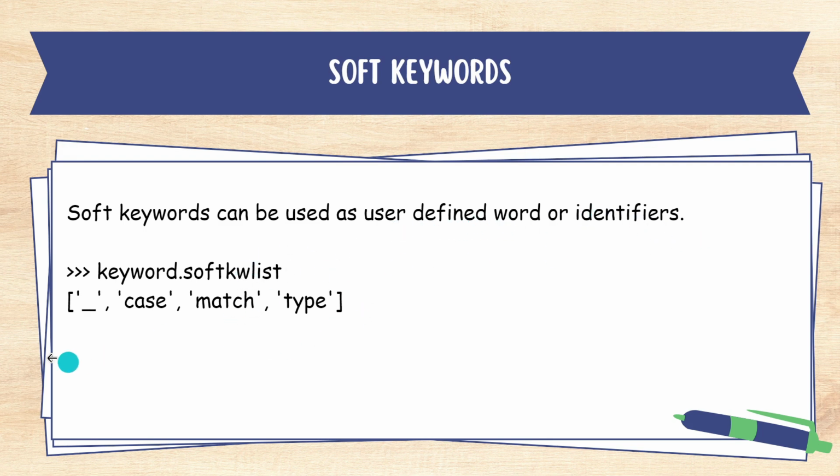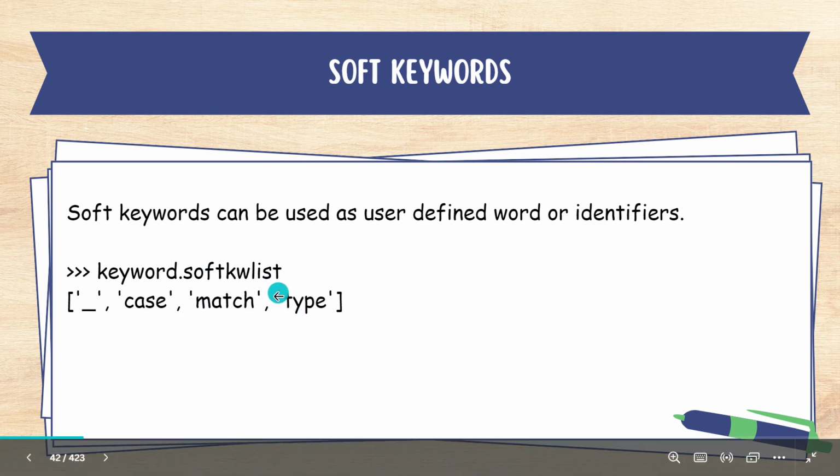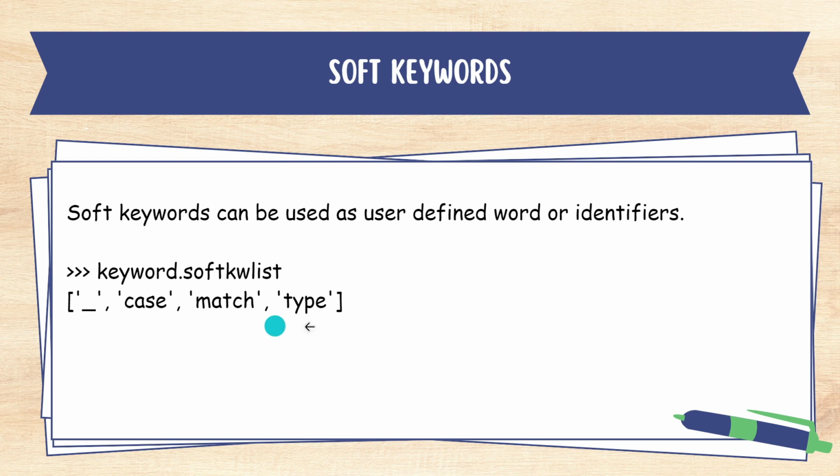In some situations we can use a keyword as an identifier, but in other languages we cannot. In Python there are some soft keywords. It is not recommended to use keyword names as identifiers, but still, in some situations, these are the four keywords you can use as an identifier.